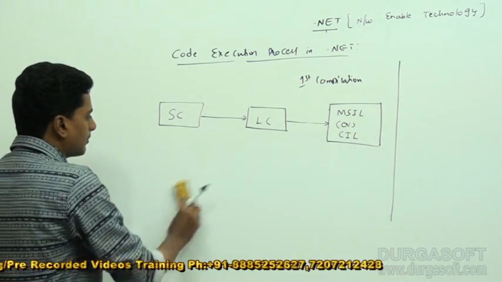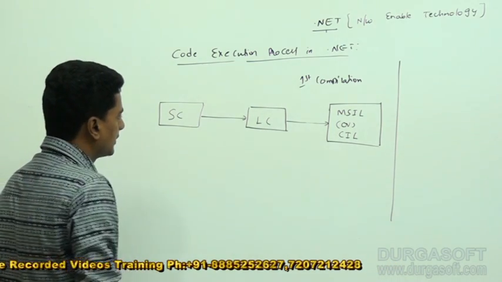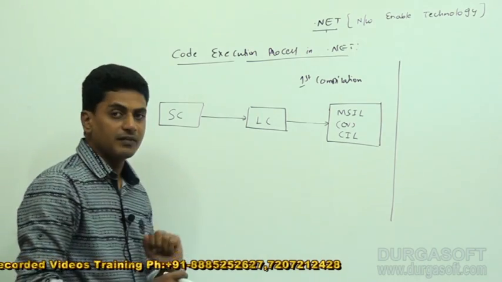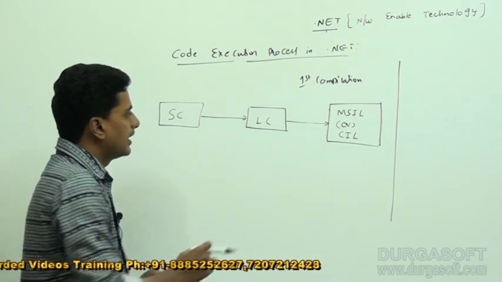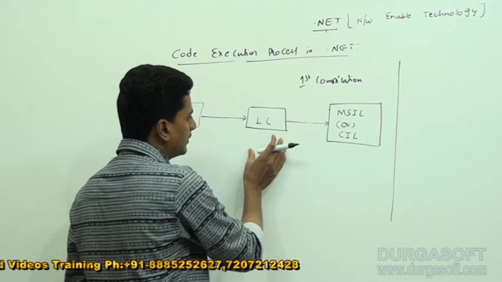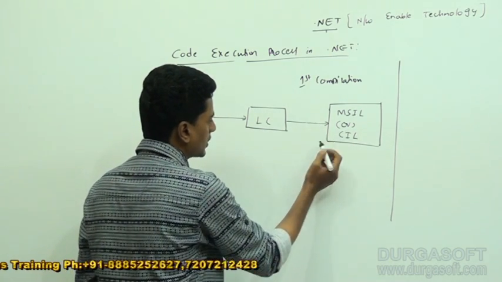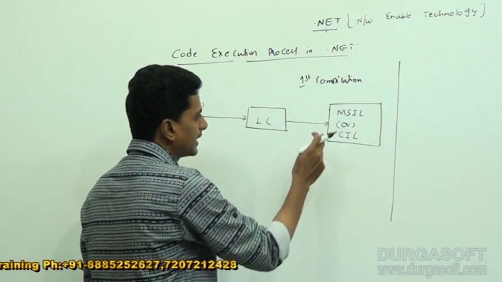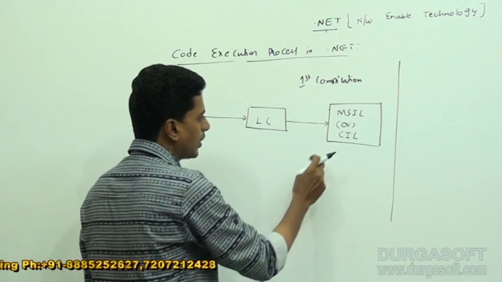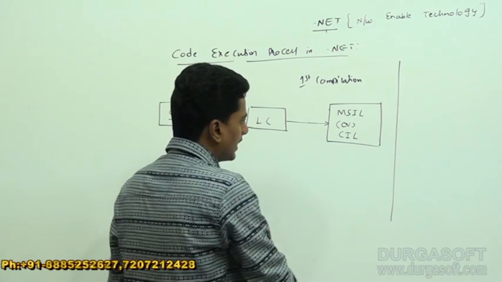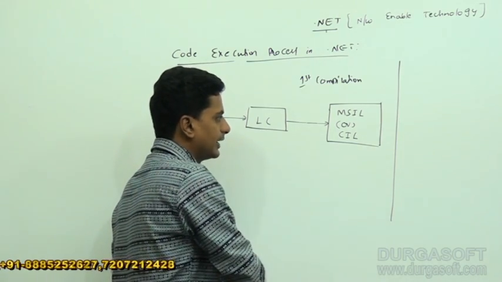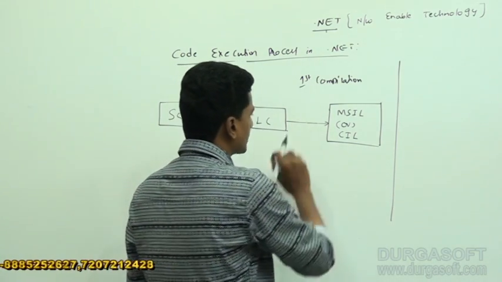And source code is compiled by the language compiler, because every programming language has its own compiler. And when compilation is successfully done, it generates what code? MSIL code, Microsoft Intermediate Language code or Common Intermediate Language code. It is also called IL code, Intermediate Language code. So this is the first compilation.